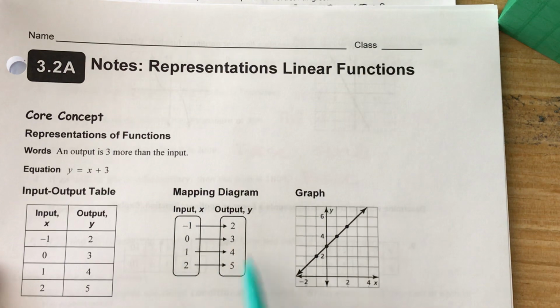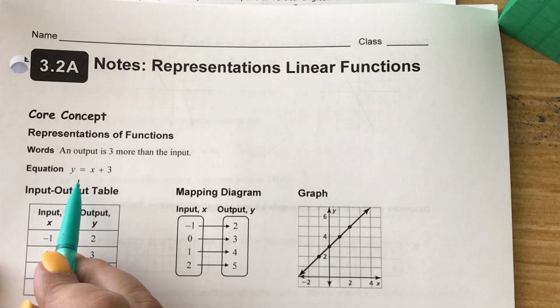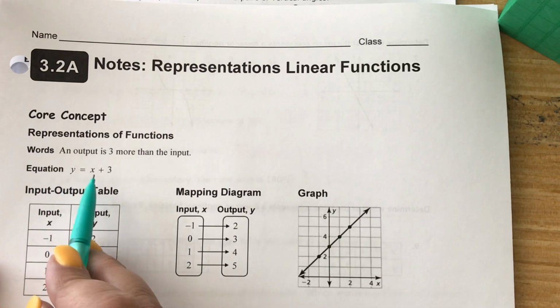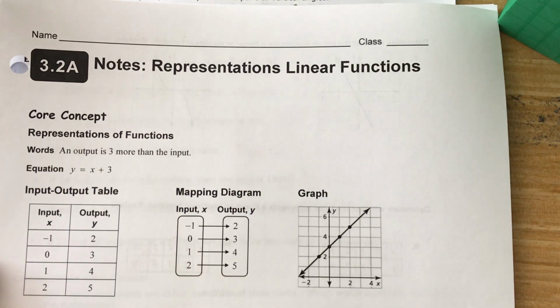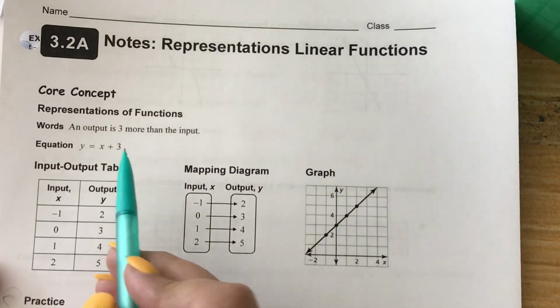We have an example here of a mapping diagram too, but the most common representations for linear functions is going to be being able to tell if something is a linear function when it's represented in an equation, when it's represented on a table of values, and when it's a graph. So again, quick review.